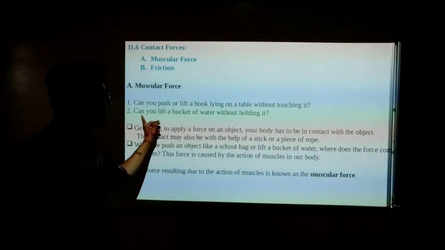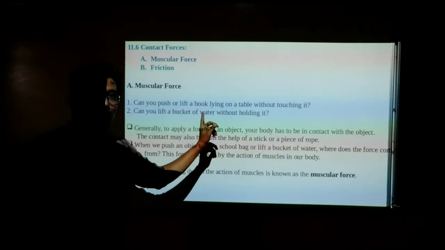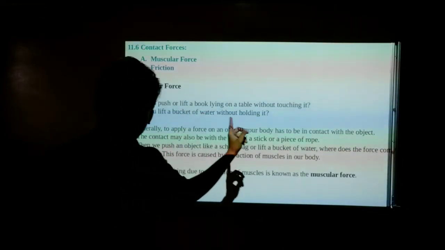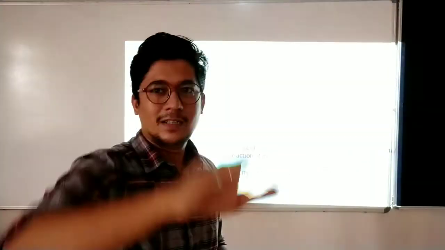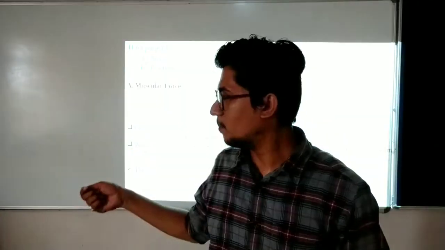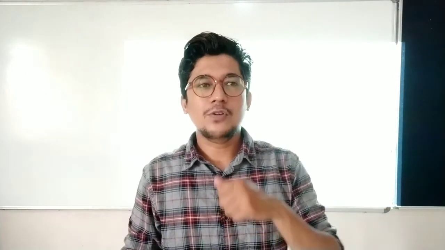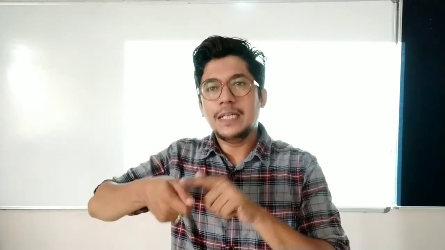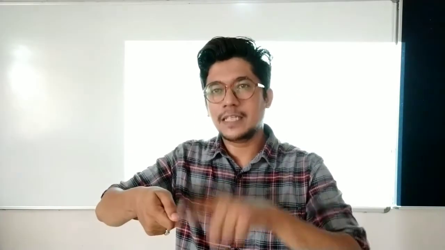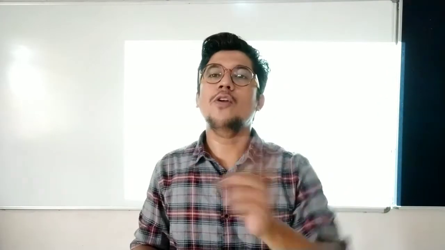Don't be too smart like that, saying, sir, we are taking a bucket by a rope, or picking a book with a scale. When you are using a rope or a scale, you are interacting with your hand with the scale and the scale with the book. There is physical contact between these.